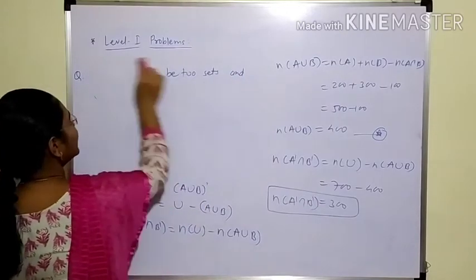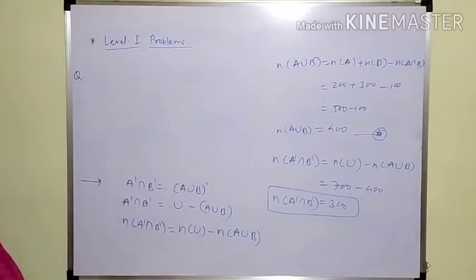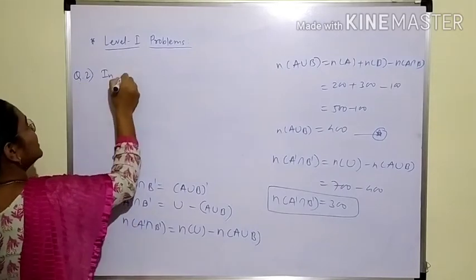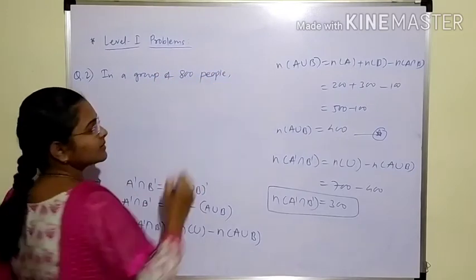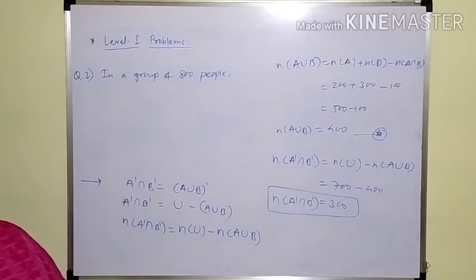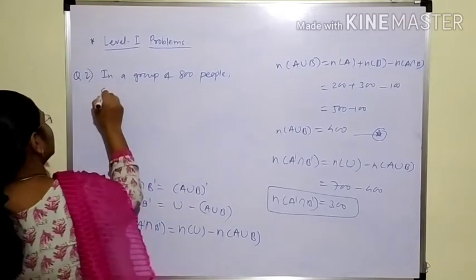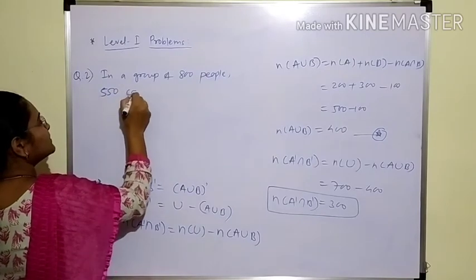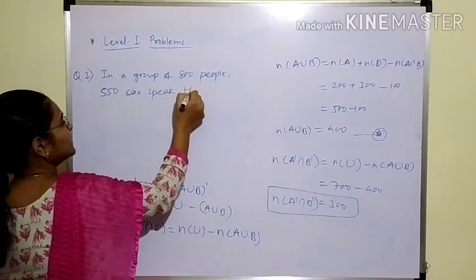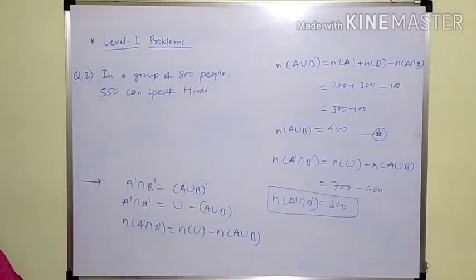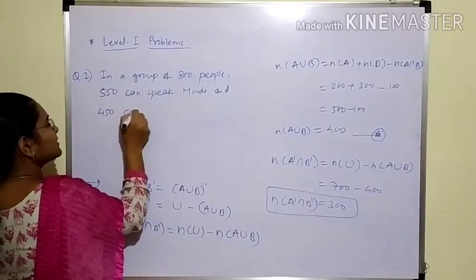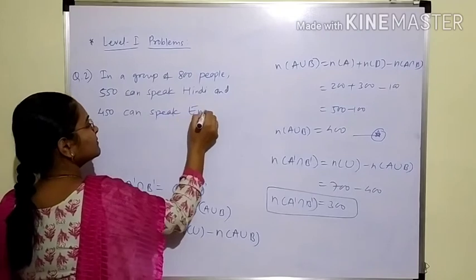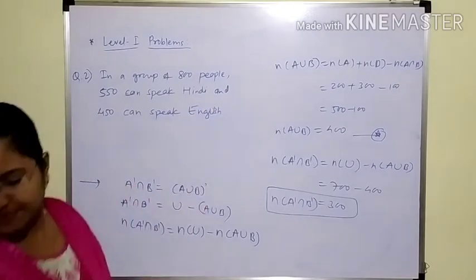In a group of 800 people, 550 can speak Hindi and 450 can speak English.